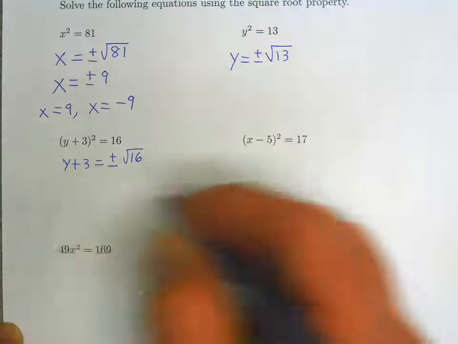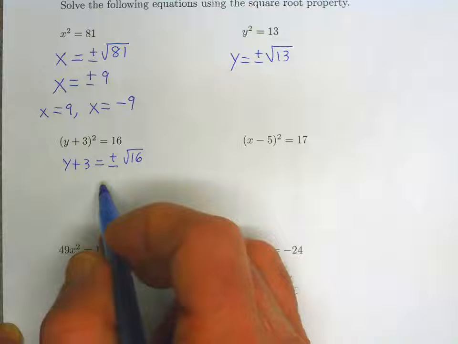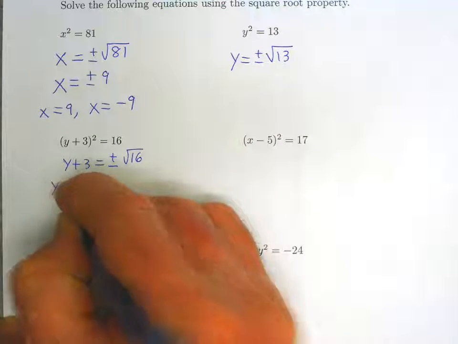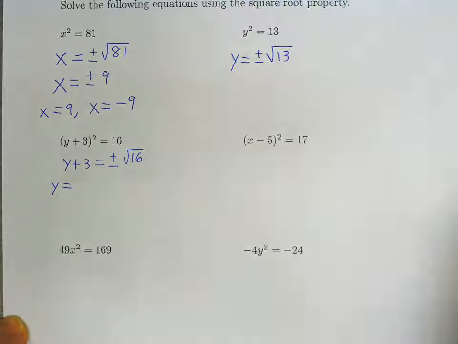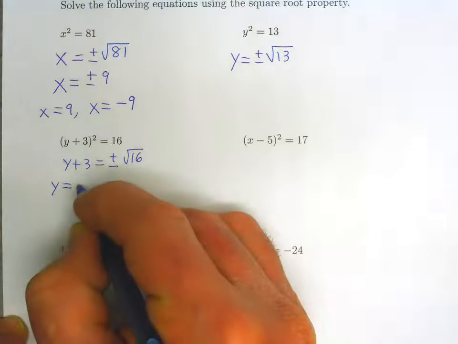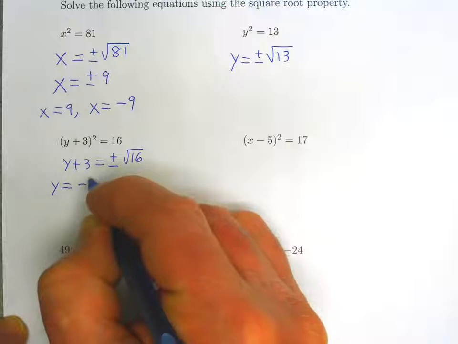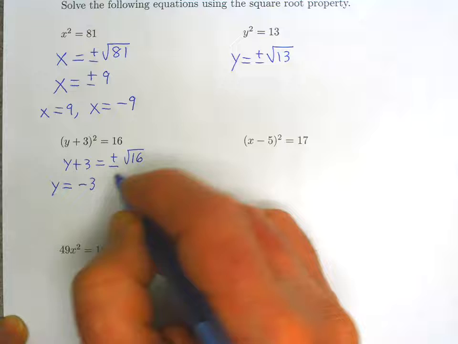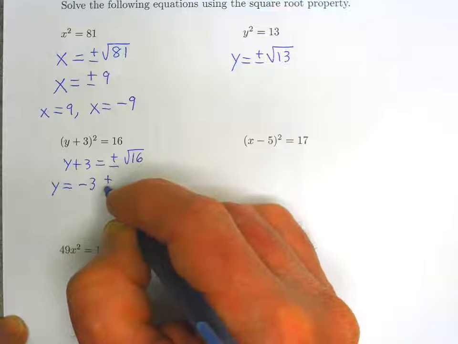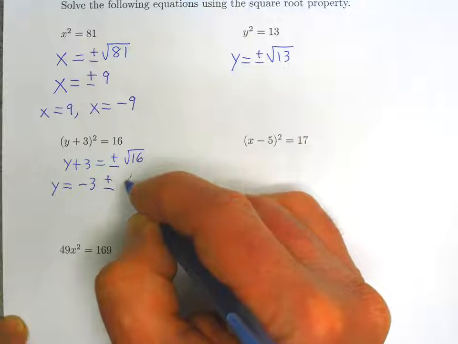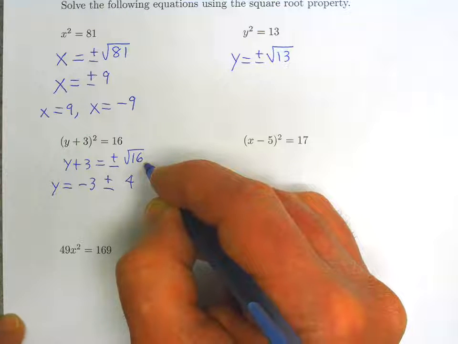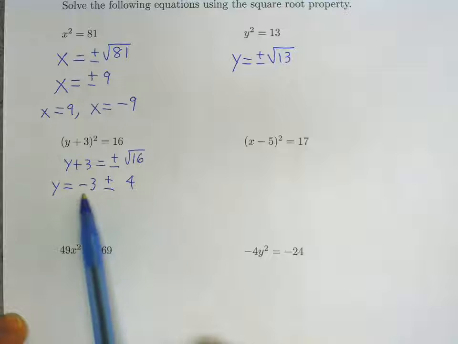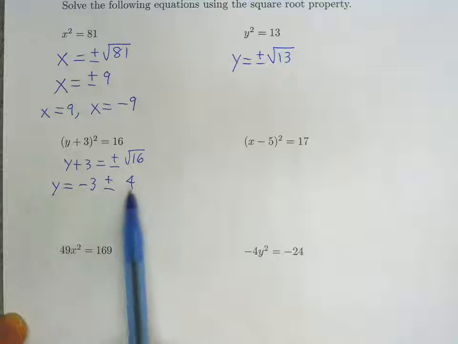I'll do both of those things in the next step, but when I subtract 3, it's more conventional to put this number that we're moving to the right-hand side. I'll write it as -3, to the left of plus and minus 4 because the square root of 16 is 4. But we can simplify further because both of those are just integers.